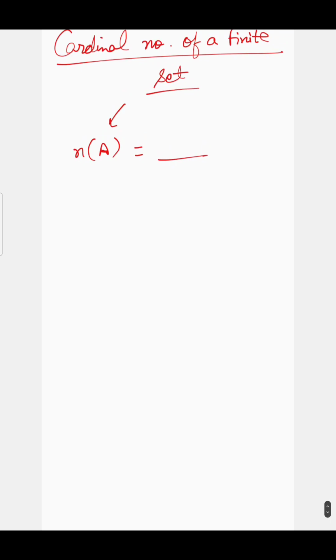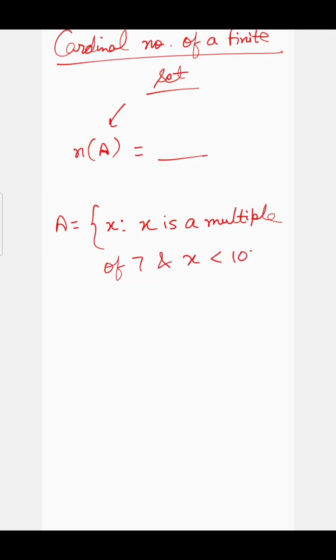जैसे मान लीजिए एक सेट दिया आपको A, the set of all x such that x is a multiple of 7 and x less than 100.